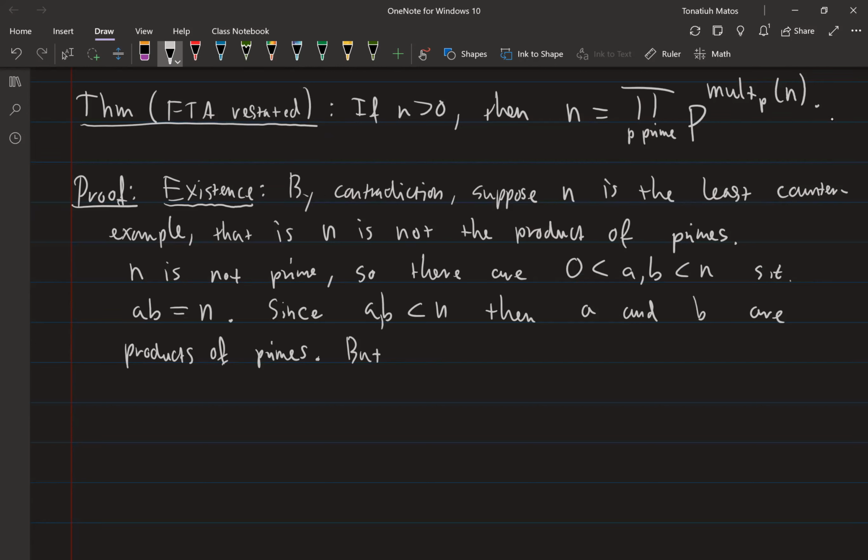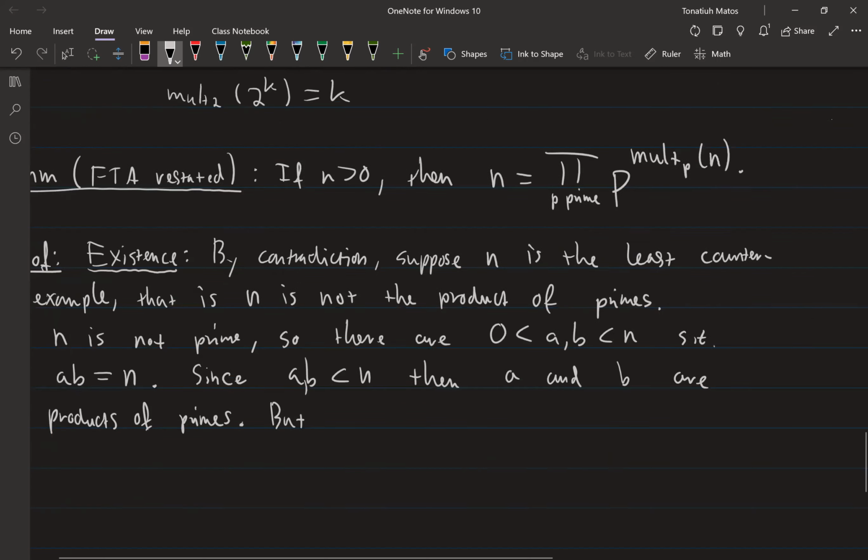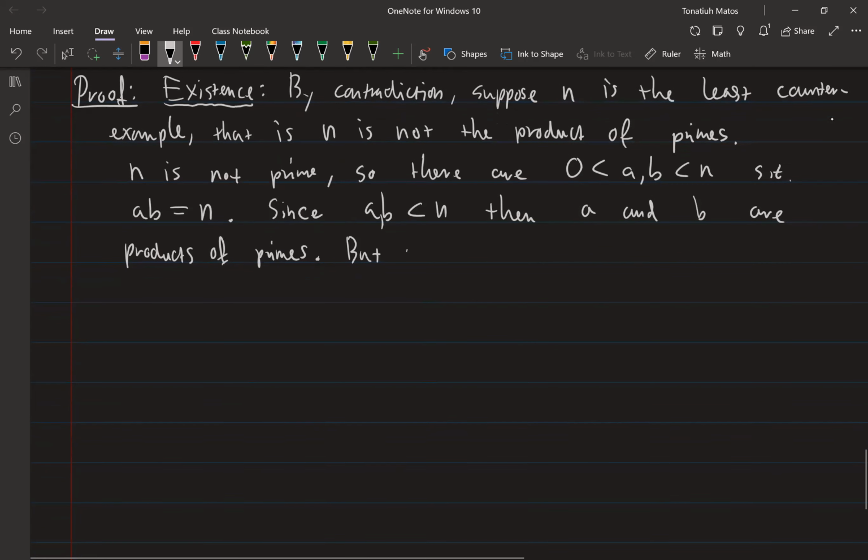But then if a and b are products of primes and you multiply them, well, the product is still a product of primes, right? You just concatenate all the primes that were there. Oh, but then n is as well. And this is a contradiction because we are assuming that n is not a product of primes.